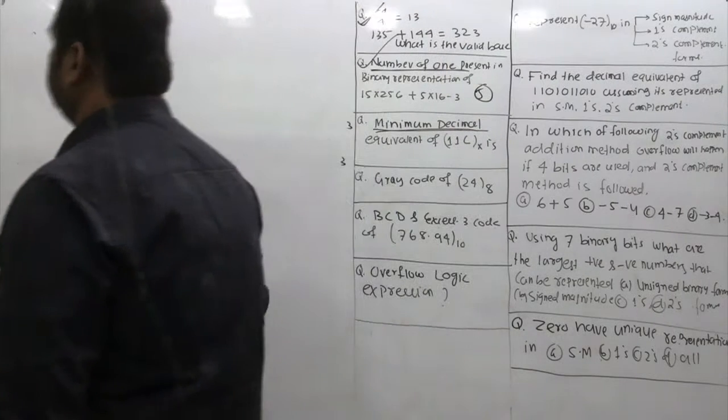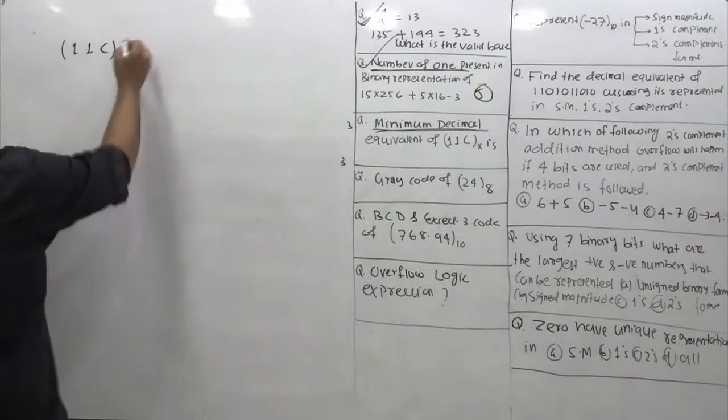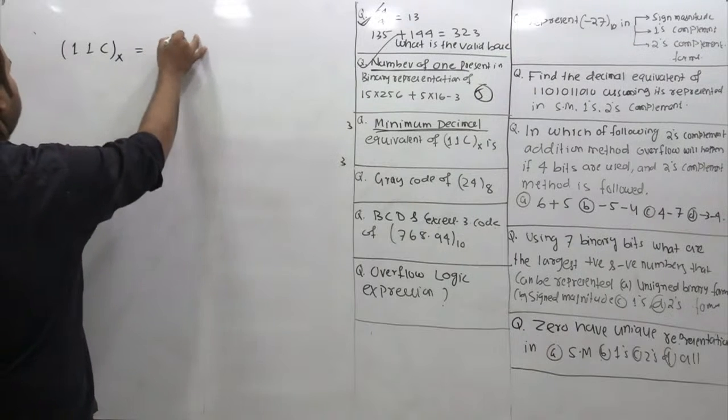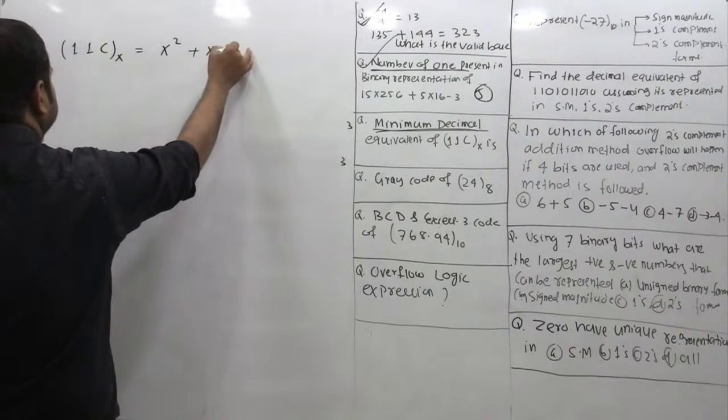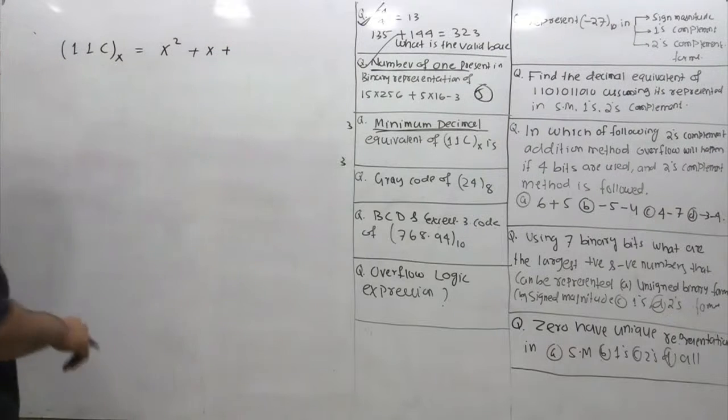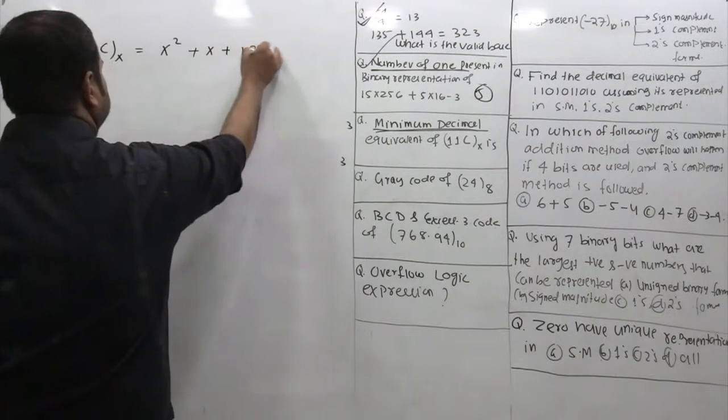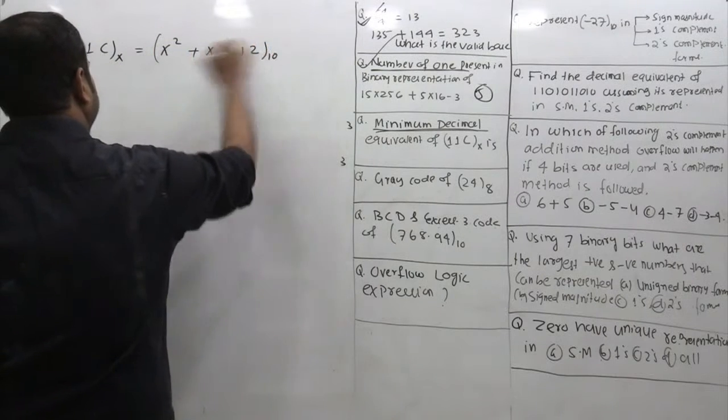To get its decimal equivalent, as you have seen, this will be equivalent to 1 into x power 2 plus 1 into x power 1, that is x, plus c. What is c? A is 10, b is 11, c is 12. So this is the corresponding decimal equivalent of this.